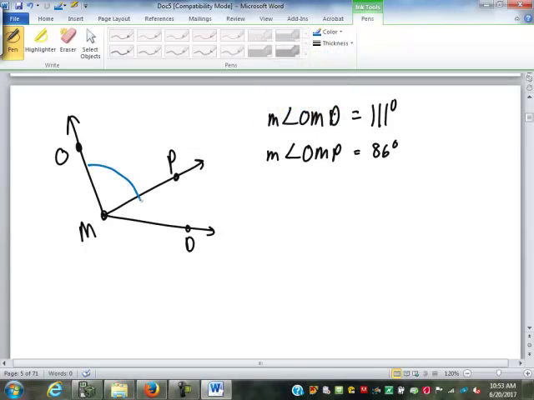That means this here is 111, and this here is 86. Perfect. Measurement of angle PMD. This is going to be the 111 minus the 86, which is 25 degrees.